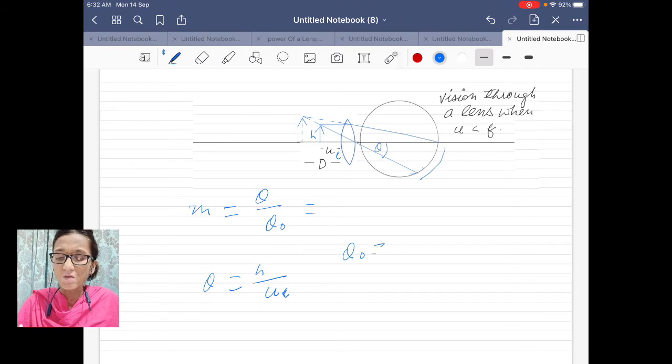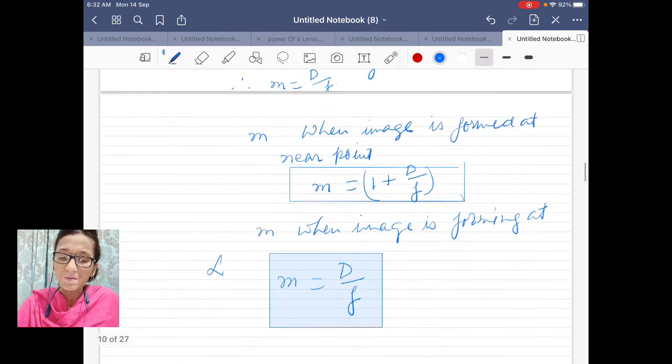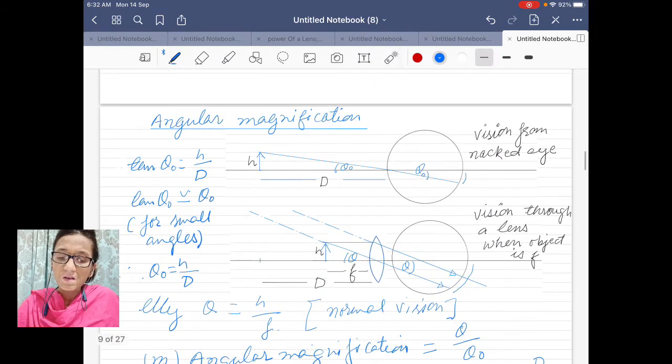And theta naught, without any lens, will be equal to image height by d from here. Theta naught is image height by d.